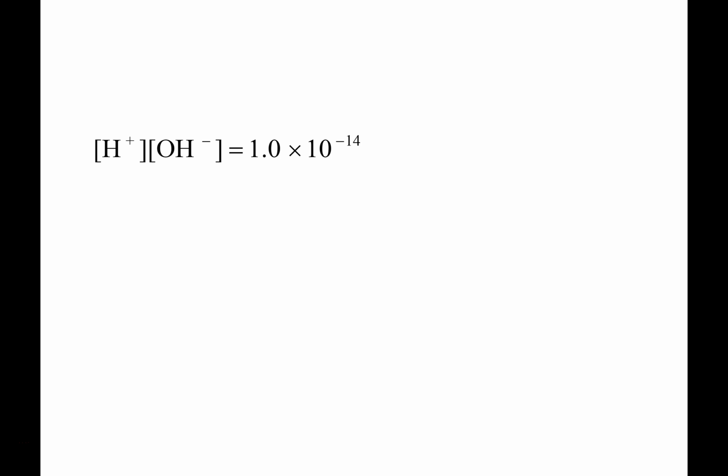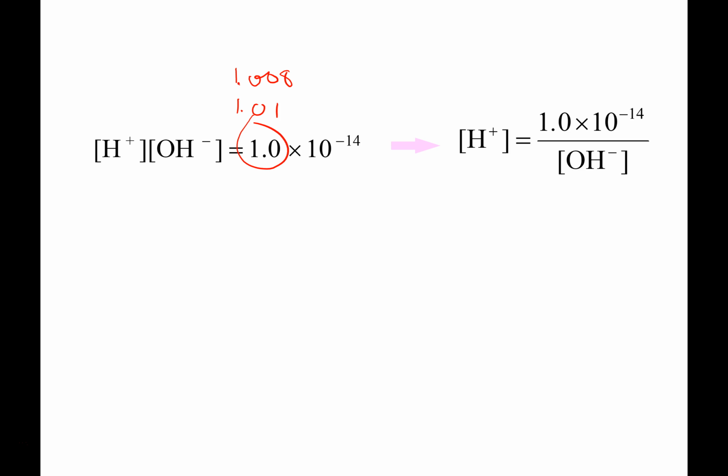All right, so off to find our pH. One way to do it would be this. We remember that for any dilute aqueous solution, your hydrogen ion times your hydroxide ion, if it's at 25 degrees Celsius, and remember this is where we had that little discussion, this could be 1.008 or 1.01 or 1.0. Anyway, rearranging that, solving for the hydrogen ion, the hydrogen ion is equal to Kw divided by the hydroxide ion concentration at 25 degrees Celsius.